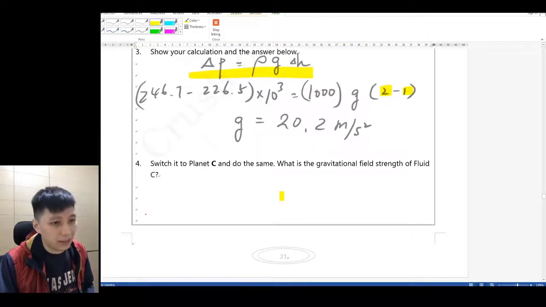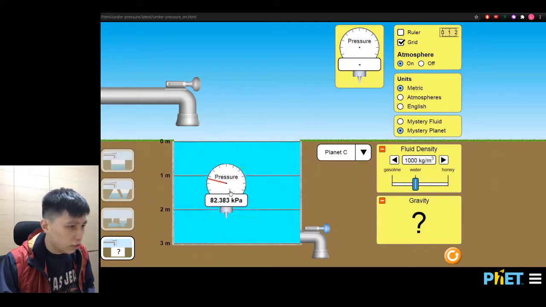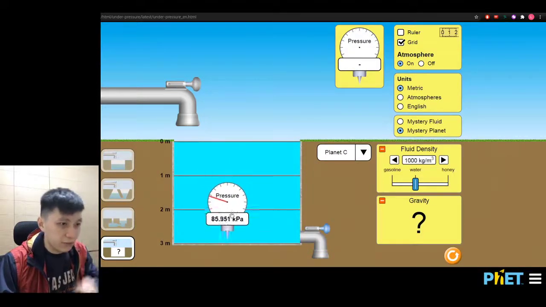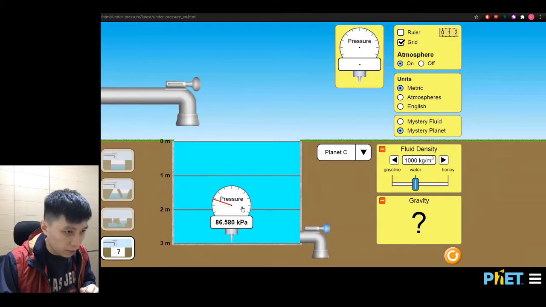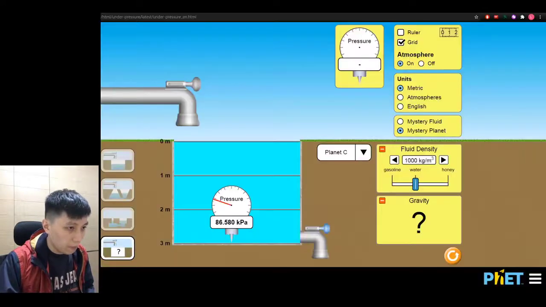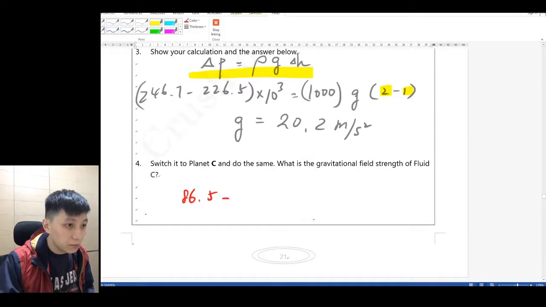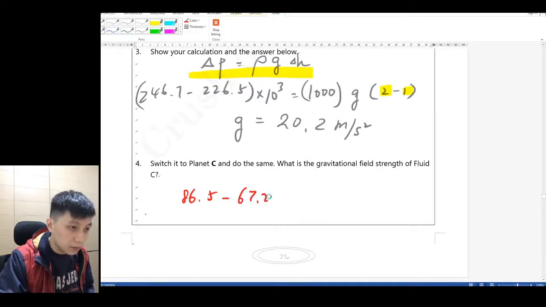Let's try planet C. Let's try to do 0 meter and 3 meter this time. So we would have 86.5. This time I'll just write down the equation, 86.5 minus 67.2 directly.